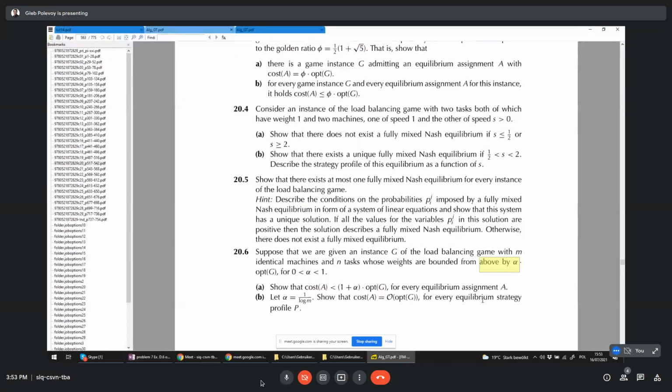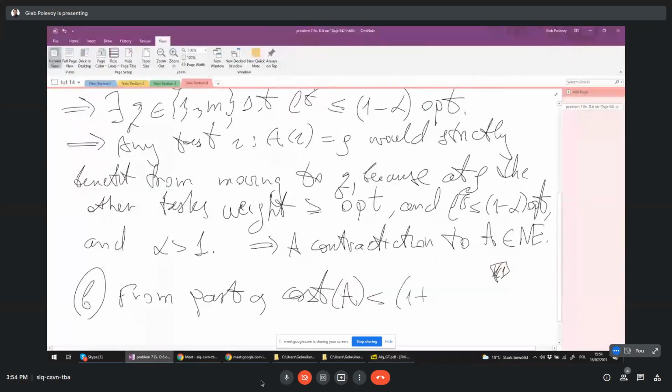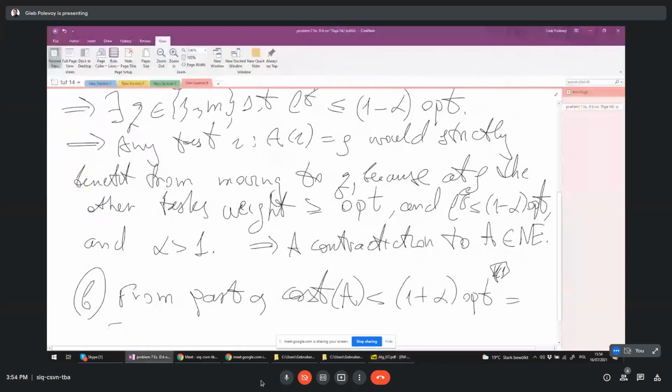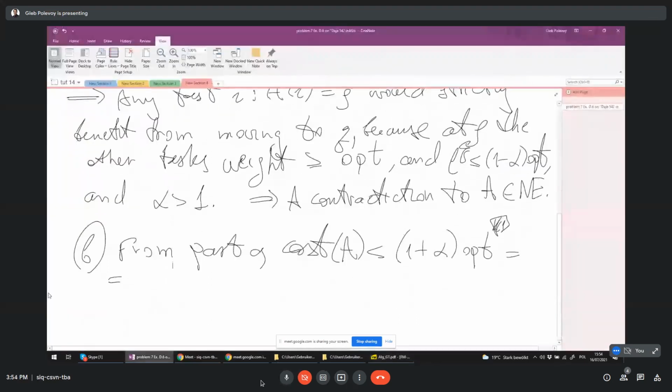So we know by part A, cost of A is at most 1 plus alpha times optimum, which, now we substitute alpha, is 1 plus 1 over log m times optimum.